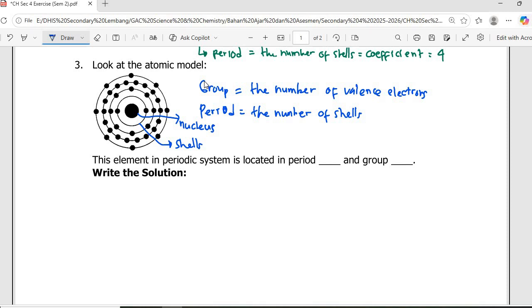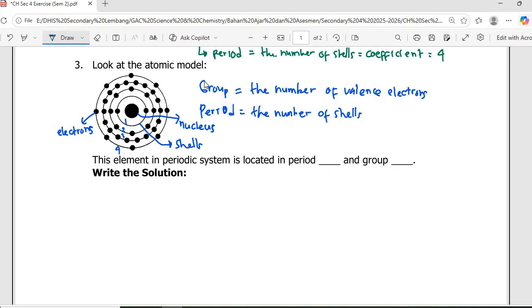In this atomic model, there are 4 shells. Starting from the first shell, this is the second, the third, and the last one is the fourth. 4 shells. After that, in the shells, there are several dots, and we call the dots electrons. So the dots in this atomic model represent electrons.